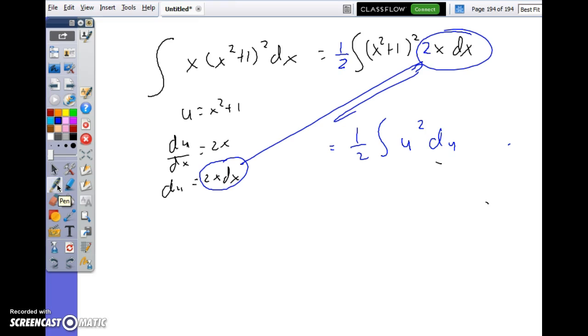And what's the integral of u squared? 1/3 u cubed. That's 1/2 times 1/3 u to the third plus c. So 1/6 u cubed. I'm going to replace the u. So that'd be 1/6 (x squared plus 1) to the third power plus c.